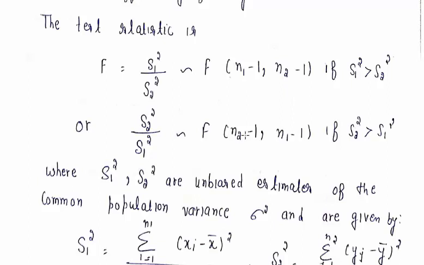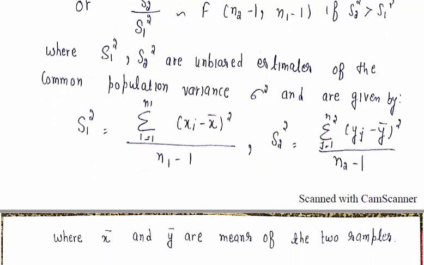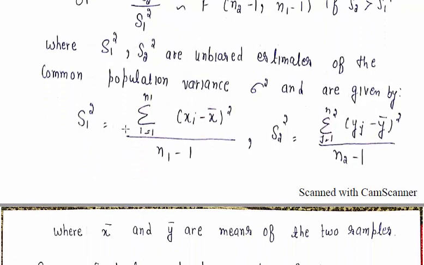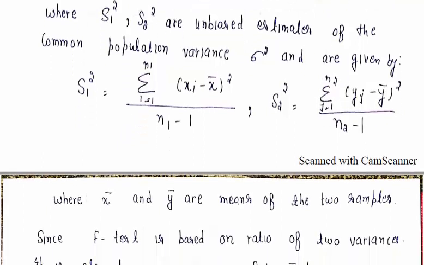The values of S1 square and S2 square are found with the help of these formulas. S1 square equals summation i running from 1 to n1 of xi minus x bar whole square, over n1 minus 1. S2 square equals summation j running from 1 to n2 of yj minus y bar whole square, over n2 minus 1.